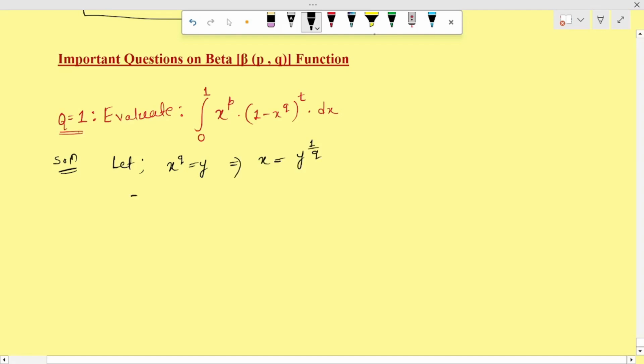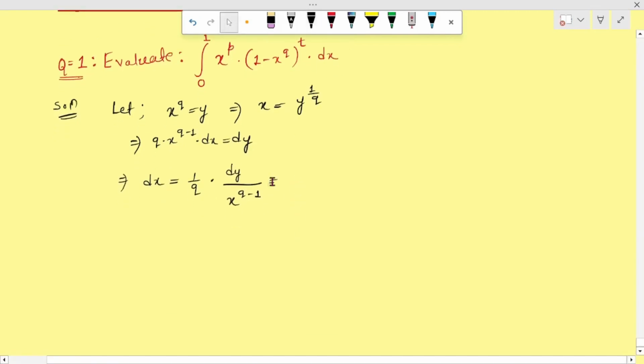Here, if I differentiate, then it will be q into x to the power q minus 1 dx will be equal to dy, right? That implies dx will be equal to 1 by q into dy by x to the power q minus 1.